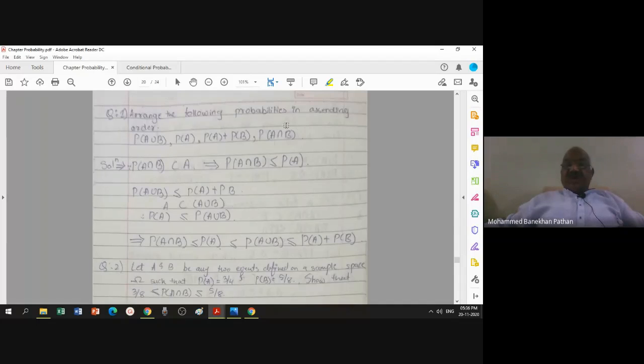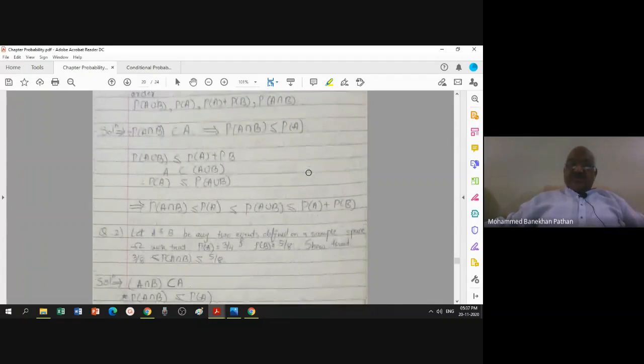By using knowledge of set theory, you have to decide which event is smaller than other. So firstly, ascending means increasing. So firstly, decide the probability of the event which is the smallest, and then keep on increasing.